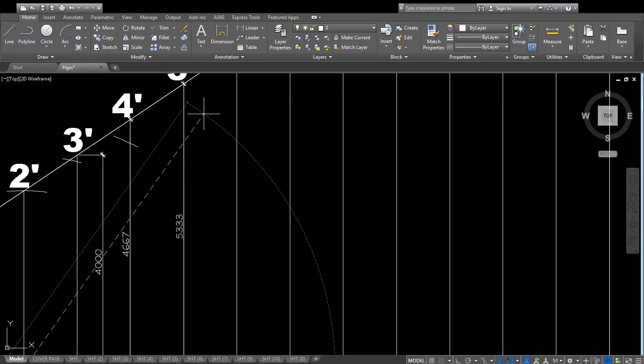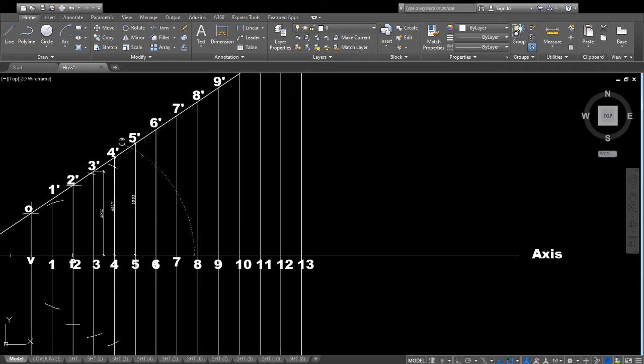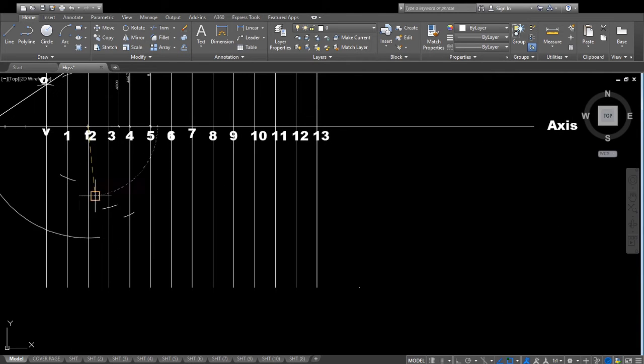Use F as your center. 5333, we'll enter. Now have this arc to this point, then modify it.